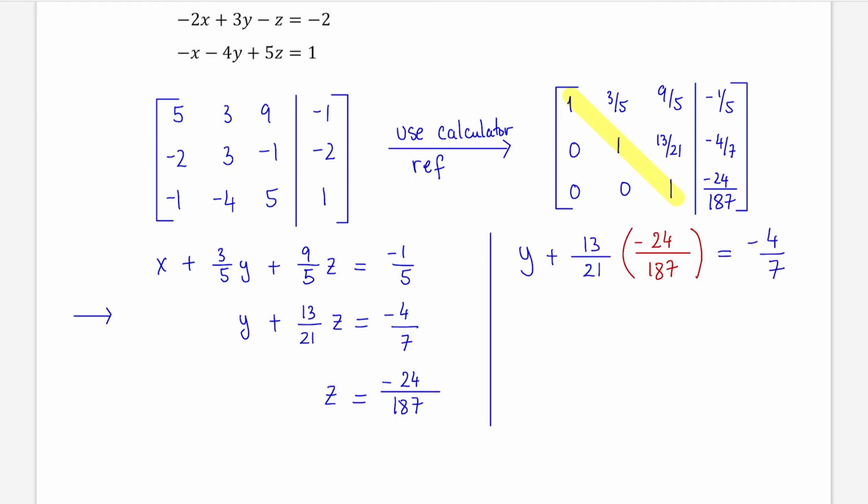So after substituting z in, I have y plus 13 over 21 times negative 24 over 187 equals negative 4 over 7. So now I am going to multiply these two fractions, and I have negative 104 over 1309.